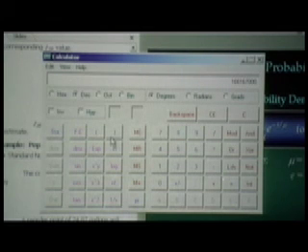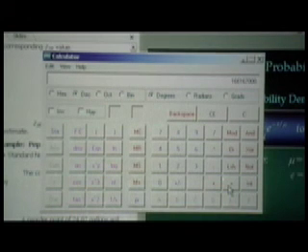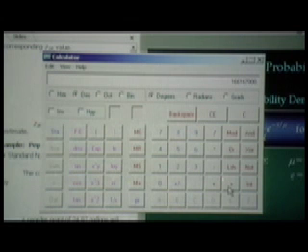So that's a very big number, and when we multiply those two numbers together, that seems to have worked okay.